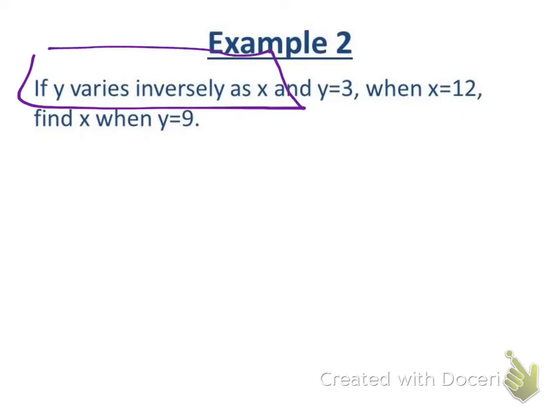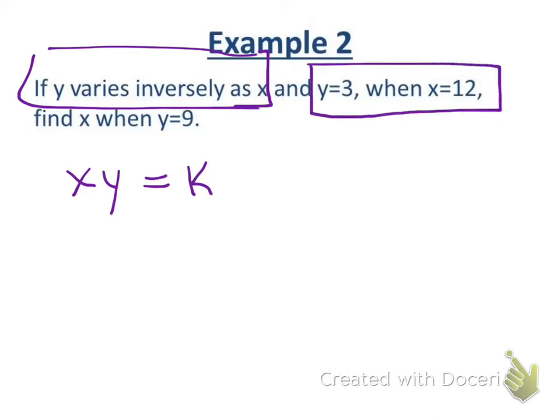What is inverse variation? x times y is always the same thing, right? And then it goes on to tell us something else. All right, so we got our first part of our word problem. y varies inversely as x. That means x times y is always going to have the same product. And look at this. They tell us that y equals 3 when x equals 12.